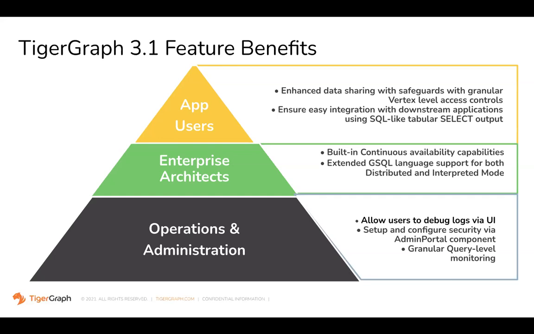All of this is geared towards making the job of the operations staff easier. If you go up the stack, enterprise architects: again, availability is a core concern for an enterprise architect. If they're designing an application, they want to be able to rely on the database to provide the guarantees in terms of consistency and availability.